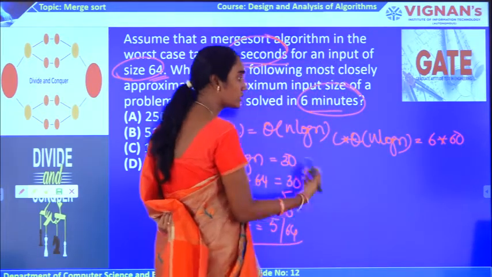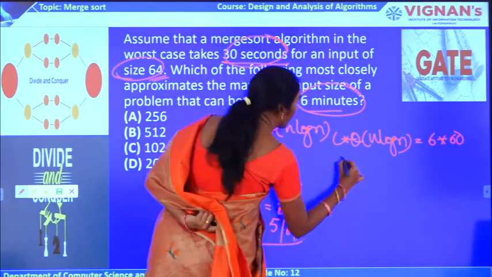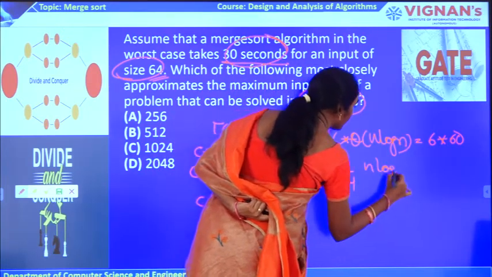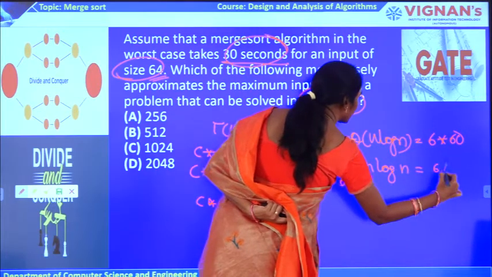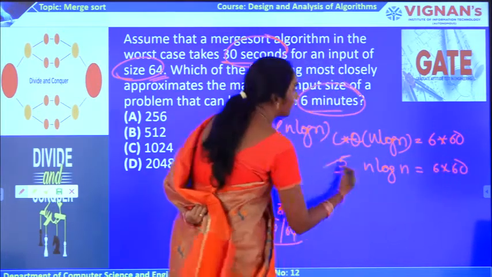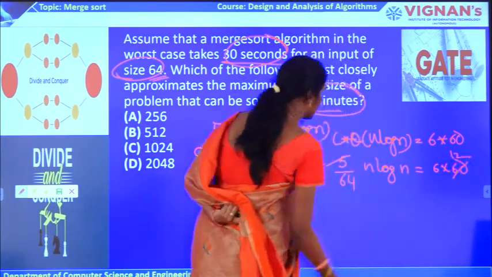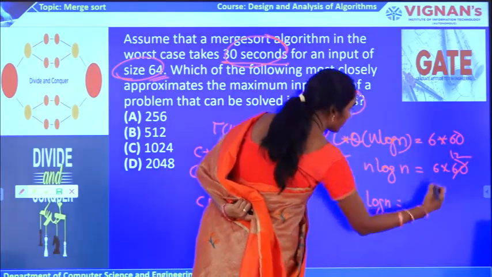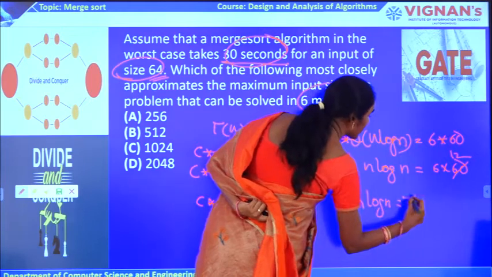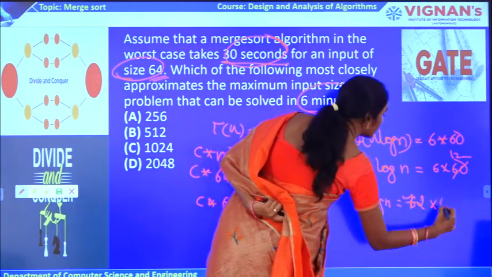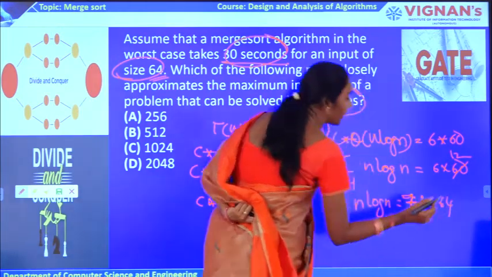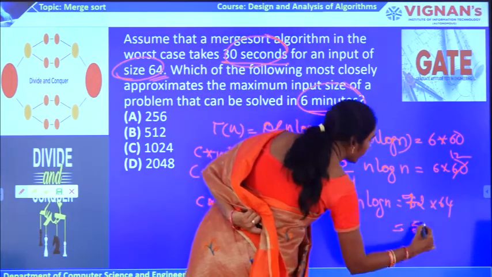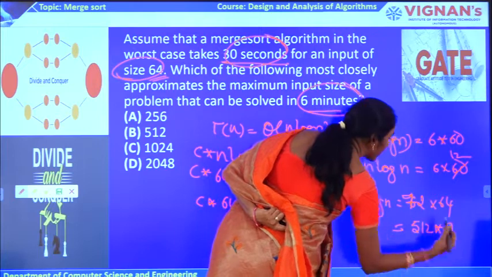Substituting the C value of 5 by 64, n log n is equal to 6 into 60. 5 12s are 60, so n log n is equal to 12 6s are 72 into 64. I need to write that in a generalized manner, so that will be equivalent to 512 into 9.